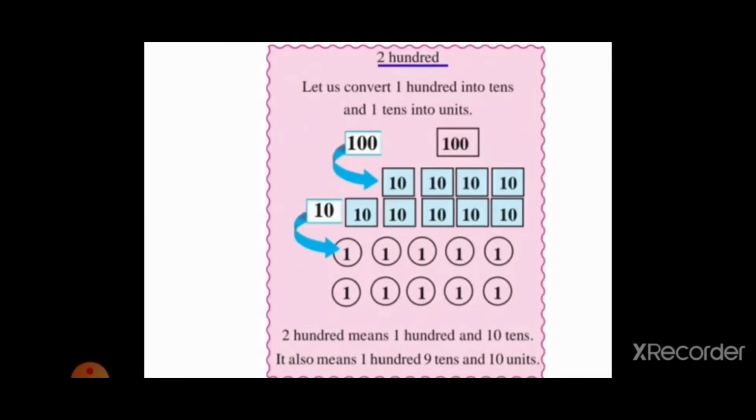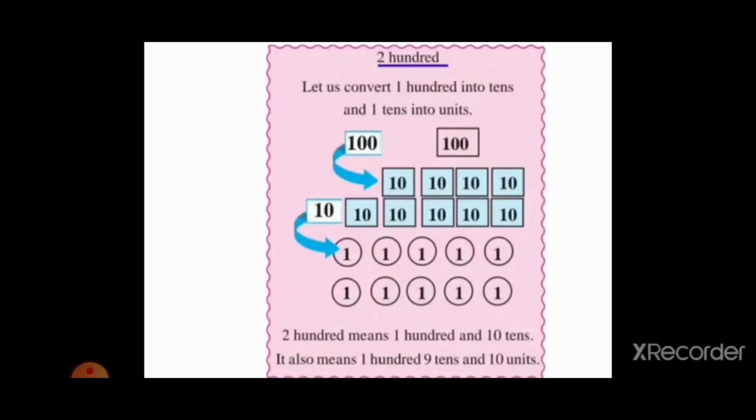200. Here we have 200. Let us convert 100 into tens and 1 ten into units. Now let us see. 100 is converted into 10 tens. So we have 1 hundred and 10 tens. Now out of those 10 tens, if 1 ten is converted into units, we will have 10 ones.